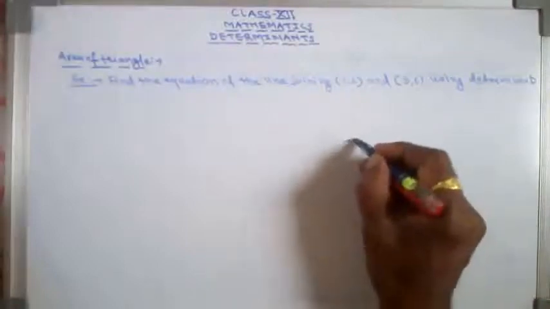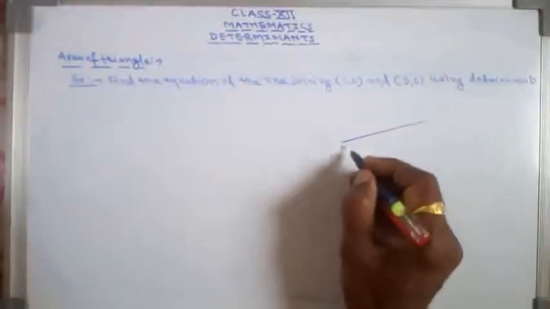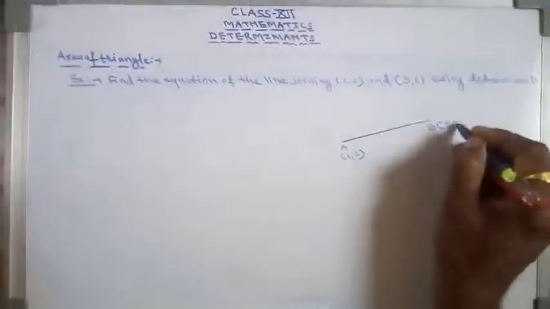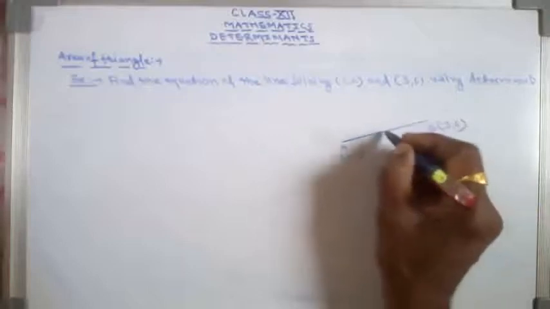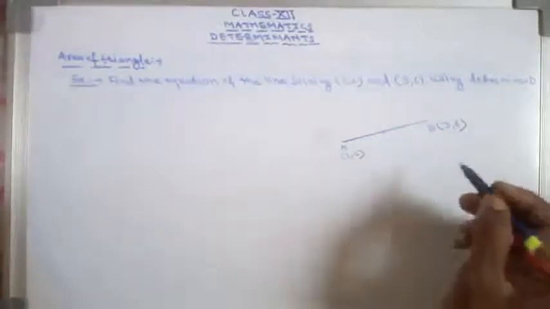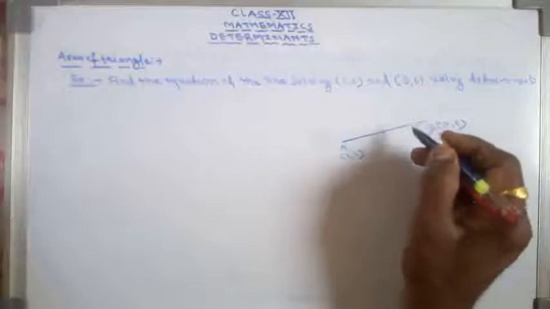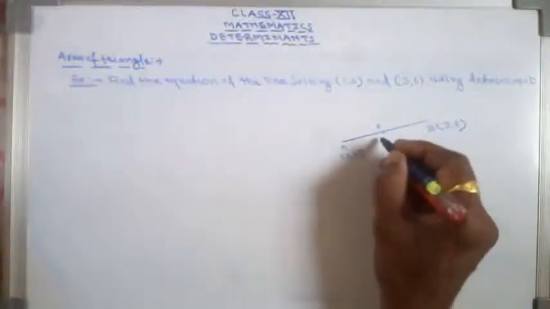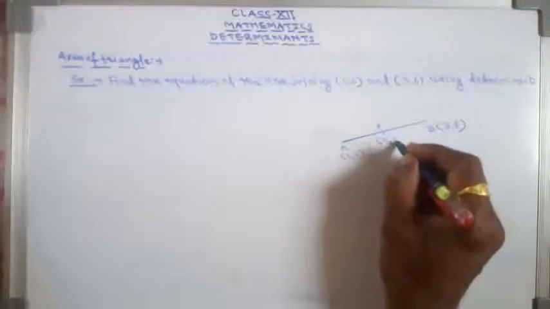Now you have here a line. Suppose A is (1, 2) and B is (3, 6). Since this is a line, I am taking any arbitrary point P, whose coordinates are, for example, (x1, y1).